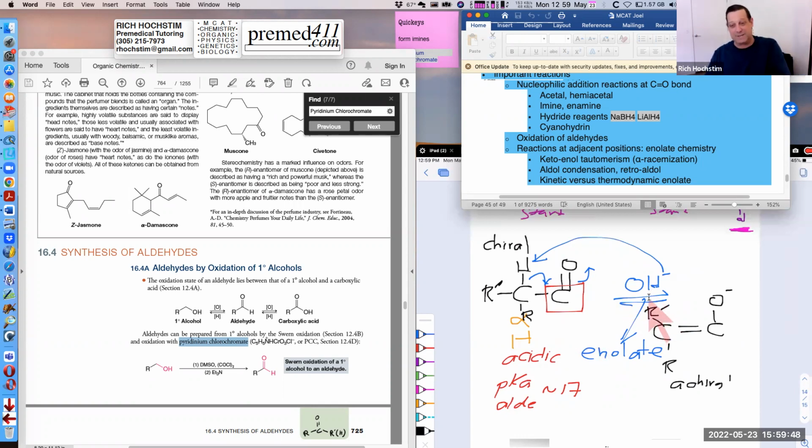What that means is that what was 100% optical activity, absolute configuration, will now be racemic, because when it goes back and forth, it will racemize. That's an important consideration when you have aldehydes and ketones. If you have an aldehyde or ketone and the alpha carbon has a hydrogen on it and is chiral, under basic conditions, it will racemize.